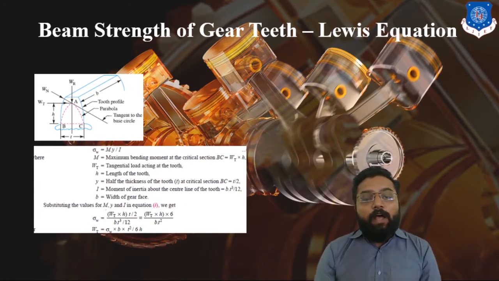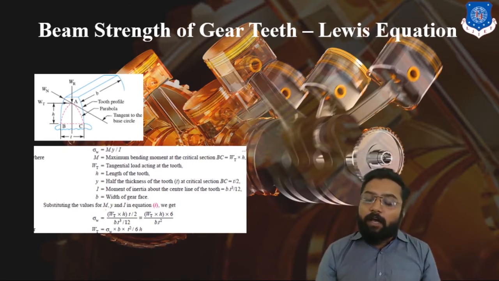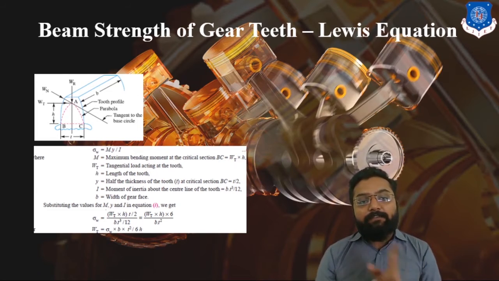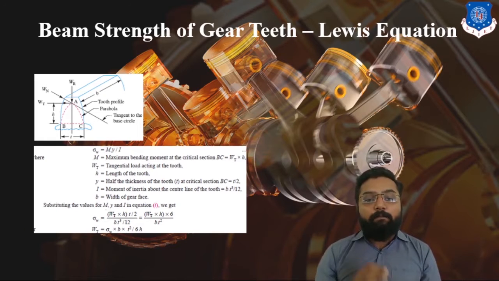If I'm considering Wr as our driving force, then I have to consider compressive stress theory. But when I'm considering Wt as our driving force, our thrust force, then that is our criterion for bending stress. So our equation will be M/I = σ/Y, the classical equation for bending stress.